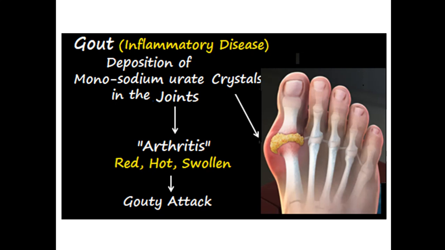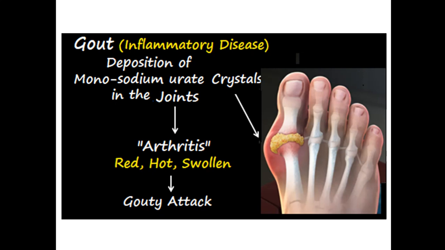These monosodium urate crystals are derived from uric acid, and the condition is seen in situations where there is hyperuricemia, an elevated level of uric acid in the blood.